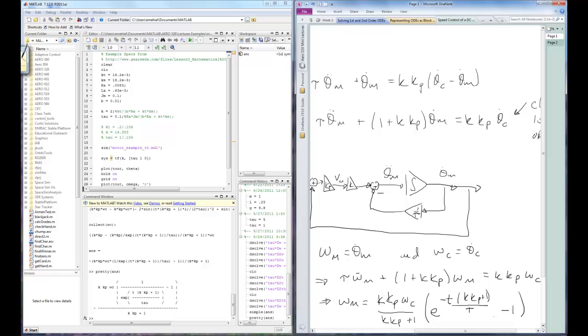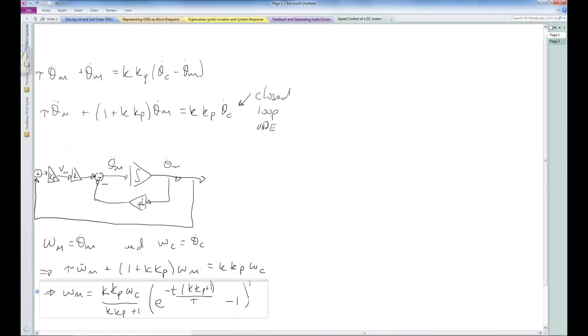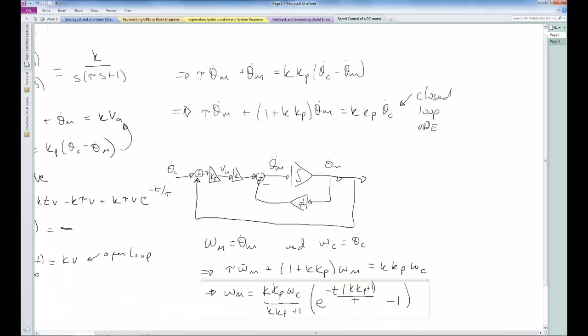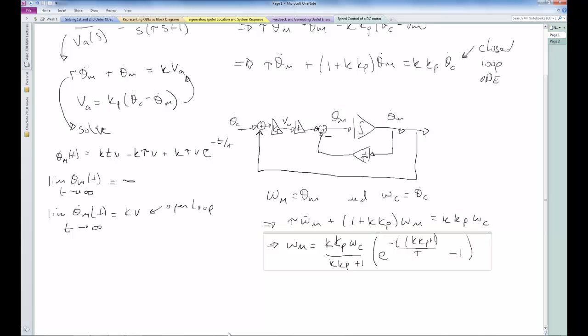All right, now if we go ahead and look at the limit on this, this is what we're now interested in. What is the limit on omega m as t goes to infinity?